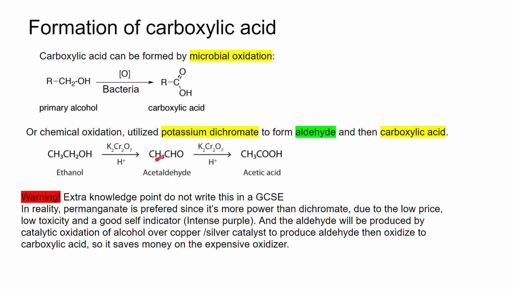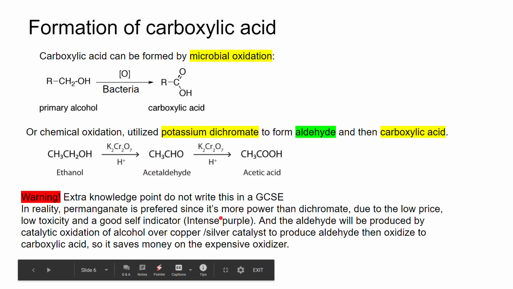Warning, this is extra knowledge, so do not write this in a GCSE exam. In reality, permanganate, like potassium permanganate, is much more preferred since it is more powerful than dichromate, due to its low price, low toxicity, and good self-indicator, an intense purple.